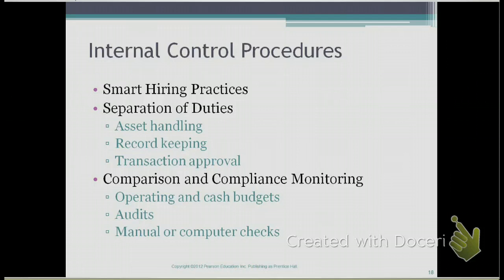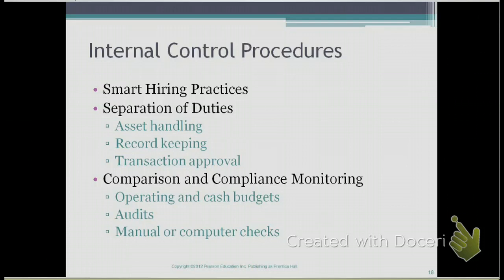If the person who records the transaction also handles money, that person could steal the checks and cover up the theft by falsifying accounting records. Because of that, one of the most important control procedures that companies have is separation of duties. We need to make sure that there are different people that handle the assets, keep records, and approve transactions.